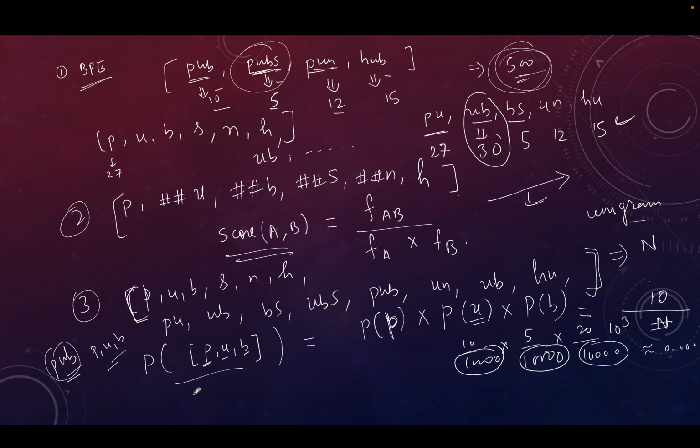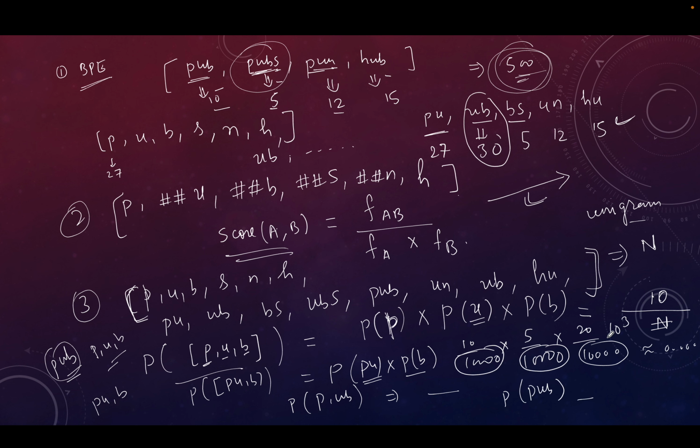And the other way would be to break it into PU and B. So in this case it will be probability of PU multiplied by probability of B. So in this case 10,000 will be in the denominator only 2 times. Similarly, you need to calculate probability of P and UB, and you will get some value, and you will also calculate the probability of PUB together. So depending on this, the words are broken into tokens.